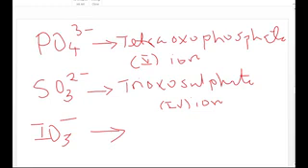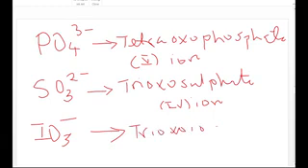Now, what about this IO3 negative? Trioxoiodate 5 ion. Yes, this is an iodate. Very correct.